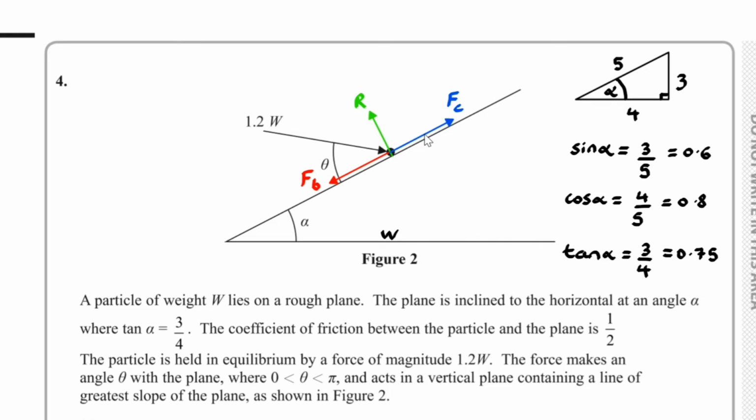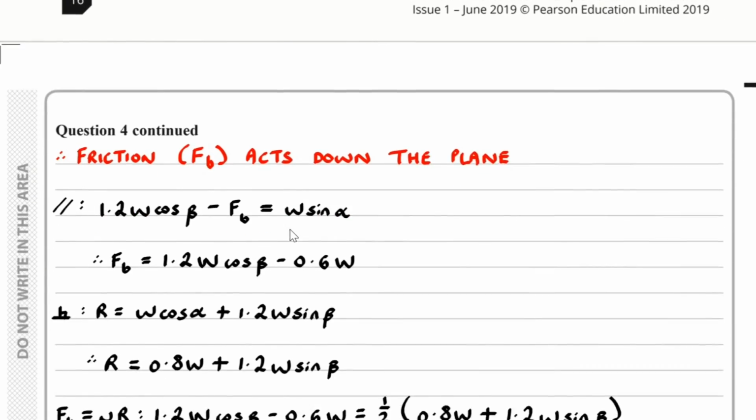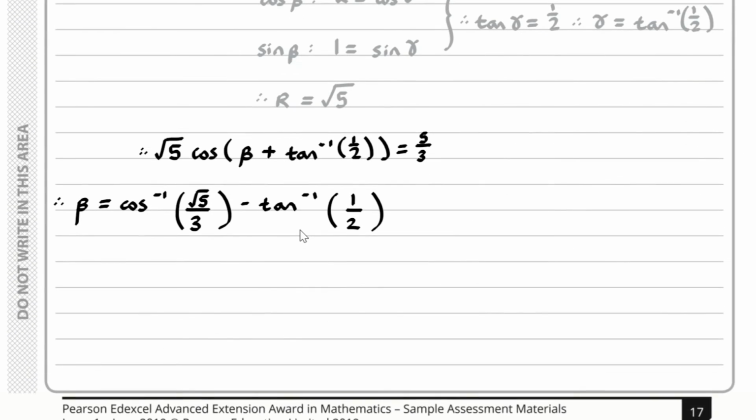Now let's resolve. So for part C, resolve parallel to the plane, this time we'd have Fc plus 1.2 W cos theta equaling W sine alpha.